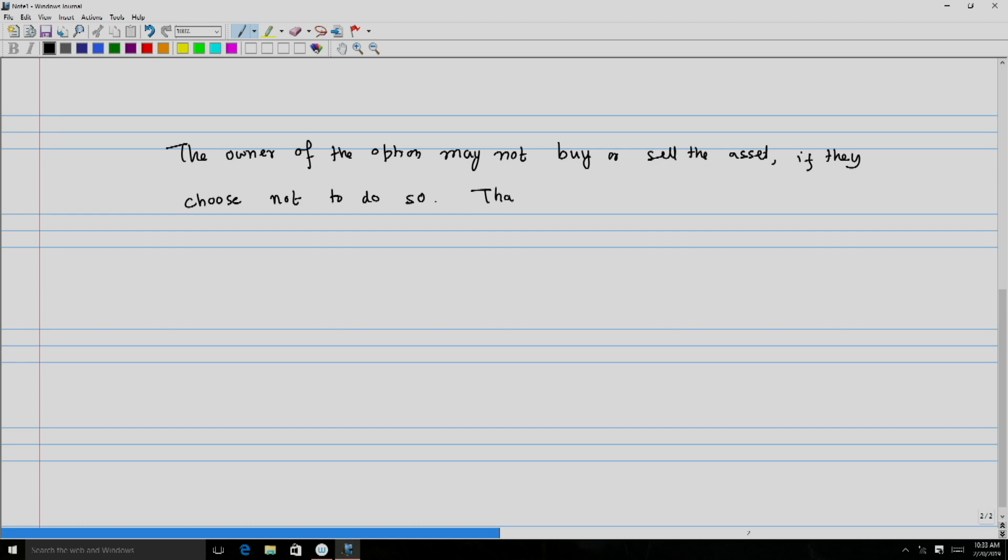So, that is, they have the option, and in this context option means the choice of not buying or selling the asset.